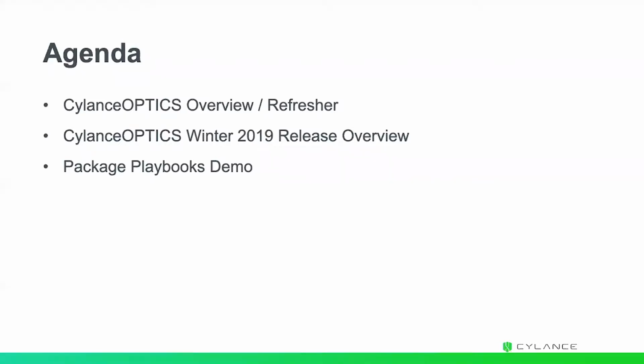We'll take a look at the features that are incorporated in the winter 2019 release. And then we'll go into a quick demo of the package playbooks feature, which is one of the features that we have in the winter 2019 release. Walk through a couple of use cases and how it ties into everything. And we'll also show off a couple of the other features that we have available with that.